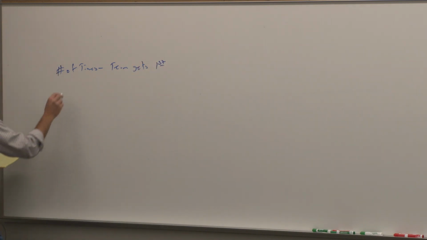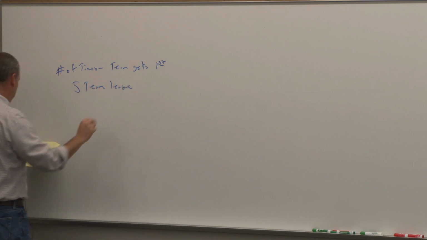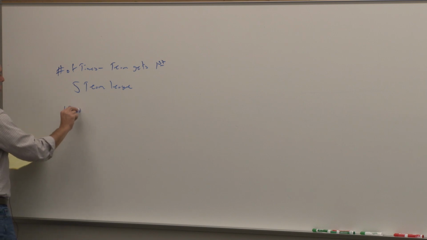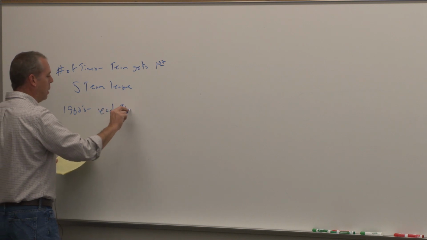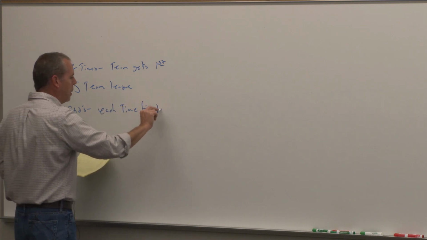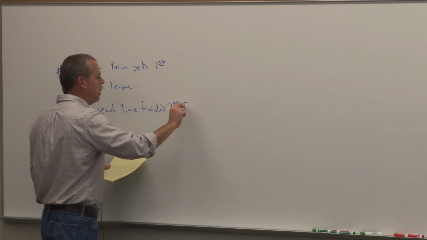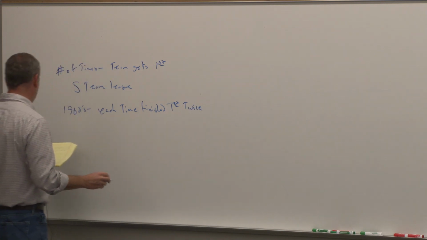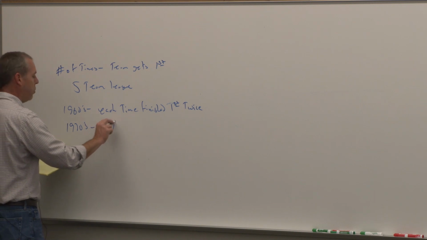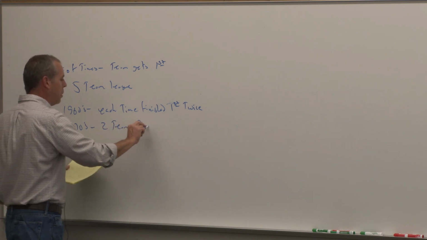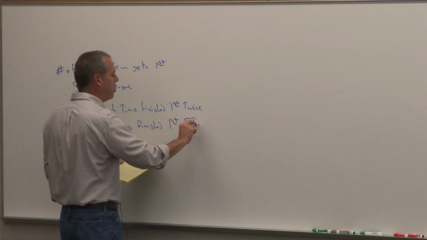Okay? So let's consider a league with 5 teams. Got a 5-team league. And here in the 1960s, each team finished first twice. In the 1970s, 2 teams finished first 5 times.